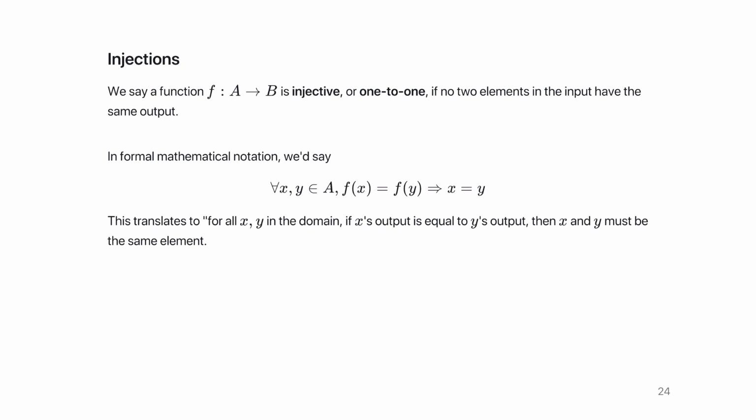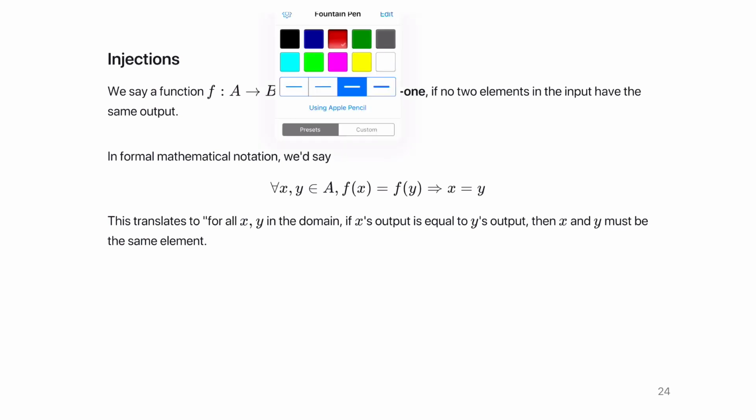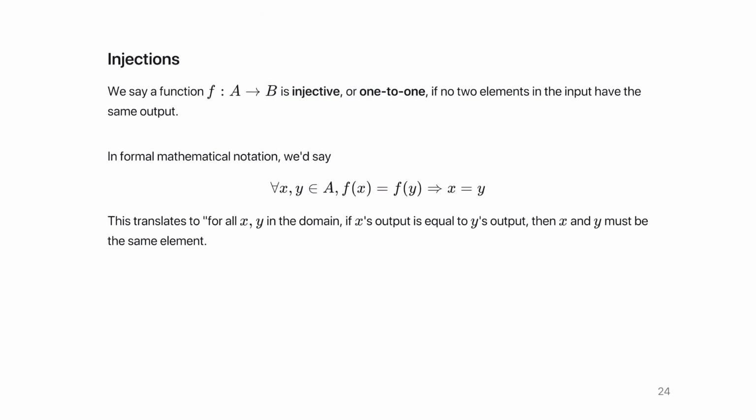I'll get to this weird mathematical looking thing in a second. But why don't we go back to this drawing with circles. If this function is an injection, I need to make sure that no two arrows point to the same circle. Is that clear? Because we're saying that no two elements in the input have the same output.